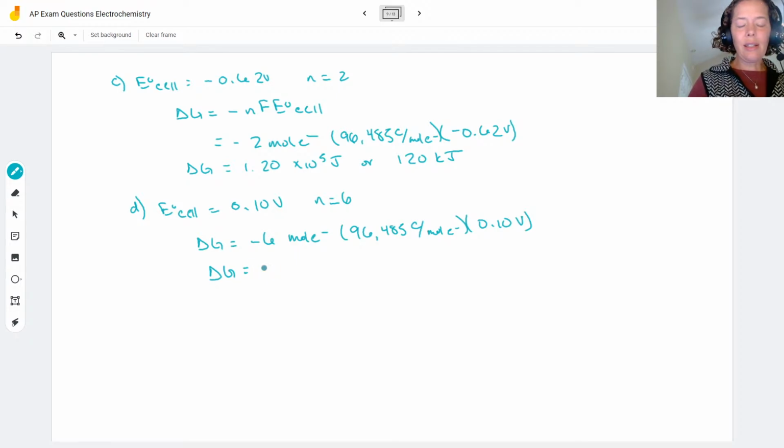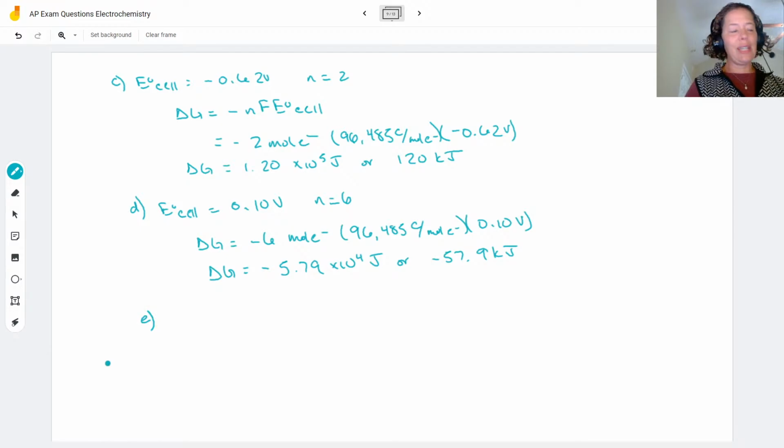Again, we're just getting lots and lots of repetition. We get negative 5.79 times 10 to the 4th joules, or negative 57.9 kilojoules.